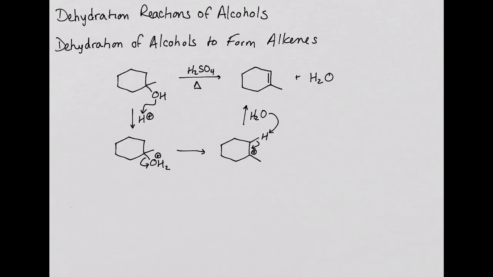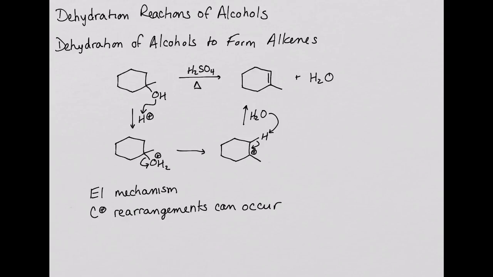There are a few things to keep in mind when thinking about the dehydration of alcohols to form alkenes. First of all, as mentioned before, this is an E1 mechanism. This means that a carbocation is formed, and therefore carbocation rearrangements are possible. Additionally, because it forms a carbocation, secondary and tertiary alcohols work best.